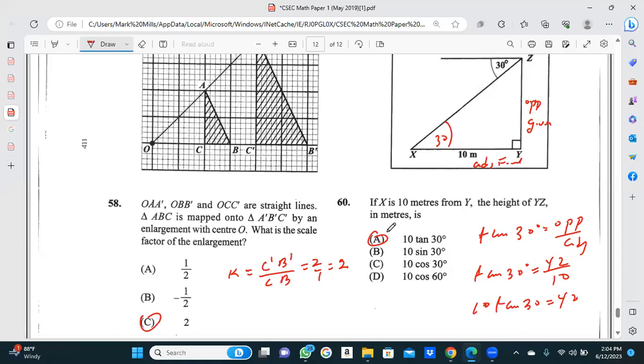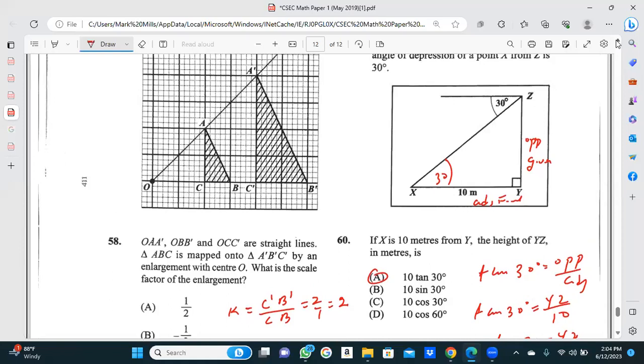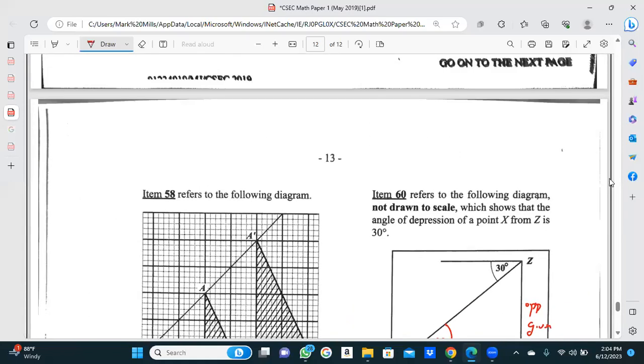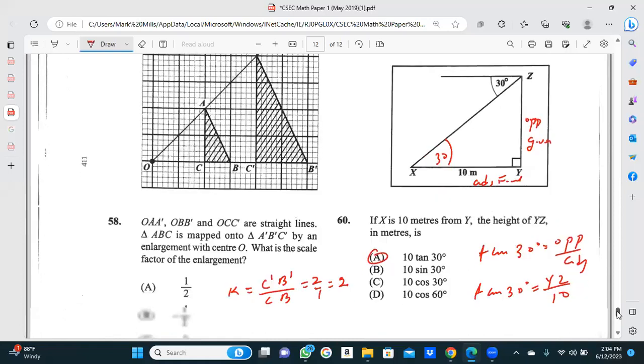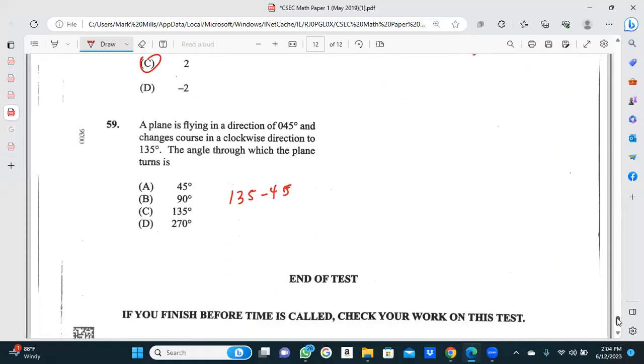So, ladies and gentlemen, what is 59? Can you tell me what is 59, please? 59 is B. Hold on, I'm looking for 59. Sorry, this is 90.